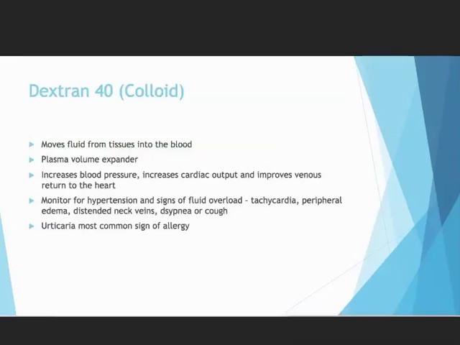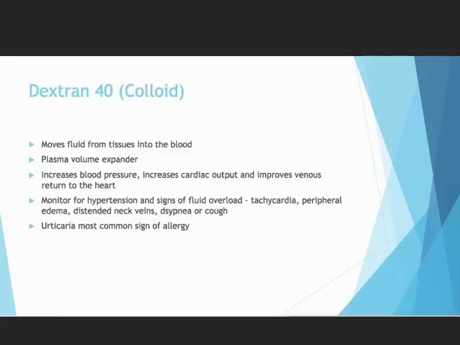Dextran is another, dextran 40, a colloid. Obviously, this is another example of a plasma volume expander. It works very similarly to what we just described in albumin and does the same exact action. It's going to increase blood pressure because it's going to increase plasma volume significantly, thereby increasing cardiac output. Obviously, in patients who have a low cardiac output or low volume, this is going to help them.